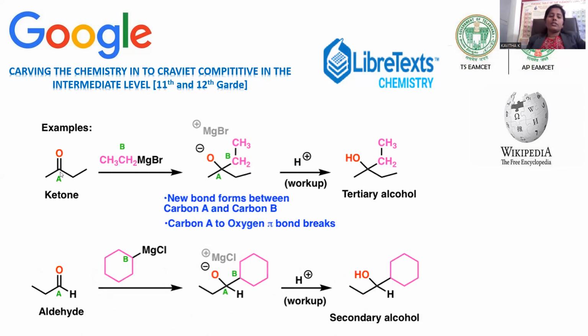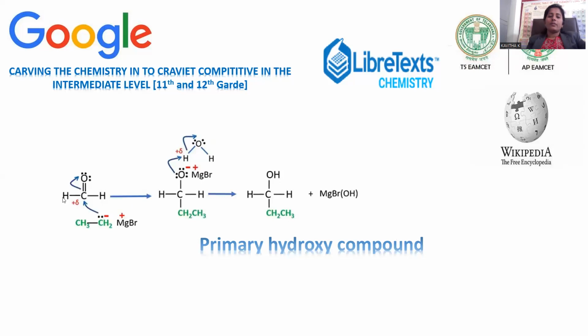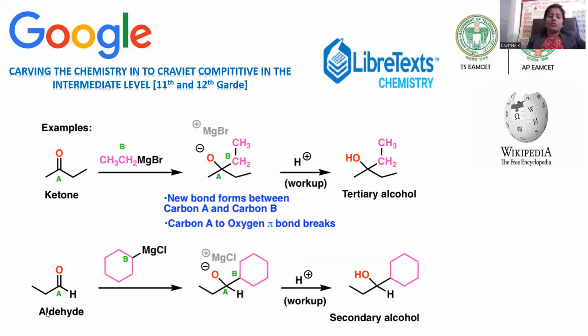Whenever a ketone is taken and again treated with Grignard reagent, the compulsory outcome is tertiary. Whenever it is an aldehyde other than formaldehyde, this formaldehyde gives a primary. So any aldehyde you are taking, that will be treated with Grignard reagent and the final compound must be a secondary alcohol.